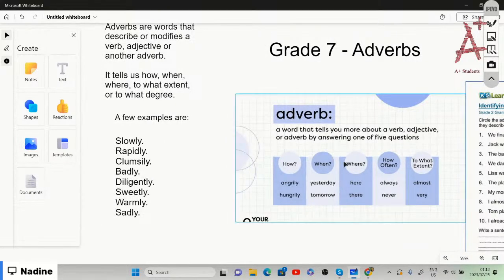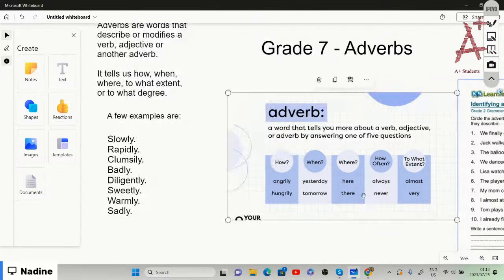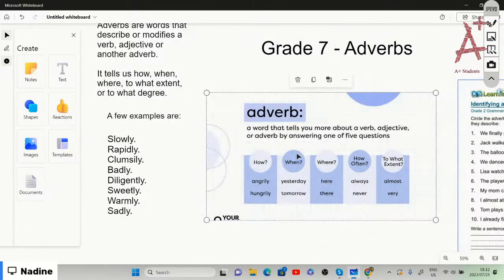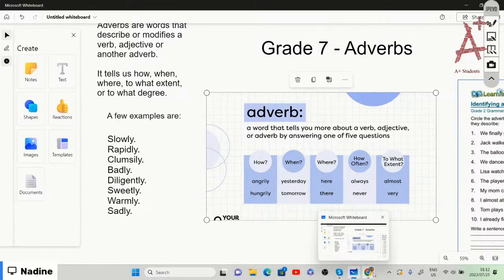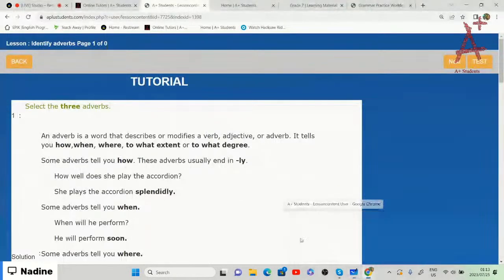Then we have when, an adverb that tells us when, can be yesterday, tomorrow, or soon. Where can be here, there, outside. How often? Always, never, sometimes. To what extent? Almost, very, or even no.